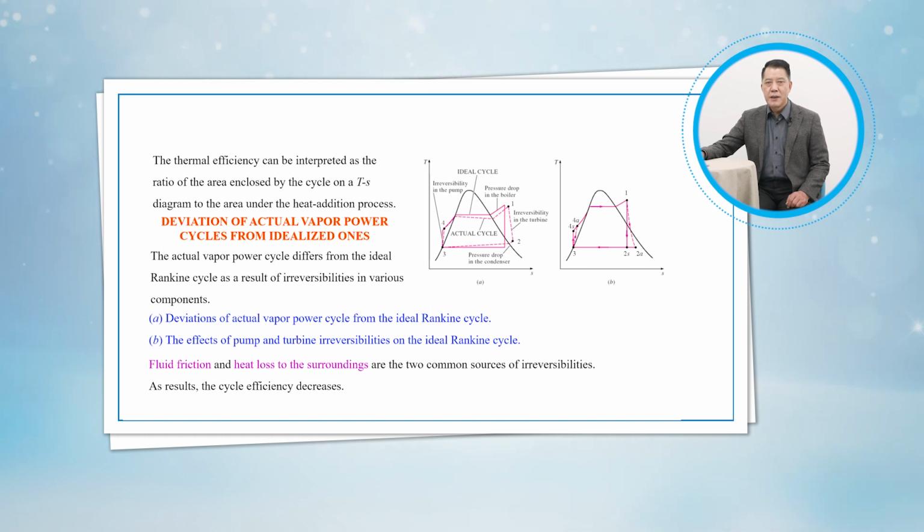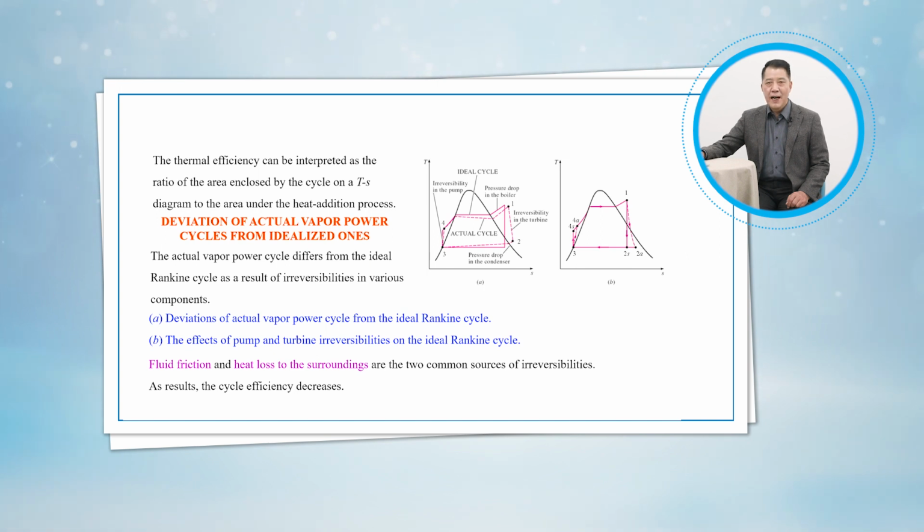As a result, steam leaves the boiler at a somewhat lower pressure. Also, the pressure at the turbine inlet is somewhat lower than that at the boiler exit due to the pressure drop in the connecting pipes.